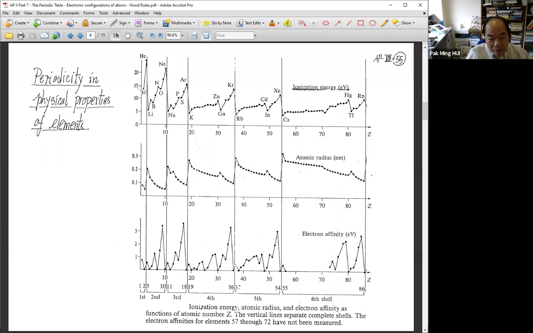It is very apparent that you see some periodic structure. In particular, helium is very stable, therefore you need to put in a lot of energy. There's a peak here in order to take out one electron from the helium ground state, and similarly for the so-called inert gases. Then you don't need much energy to take out an electron from sodium, potassium, the group 1 elements.